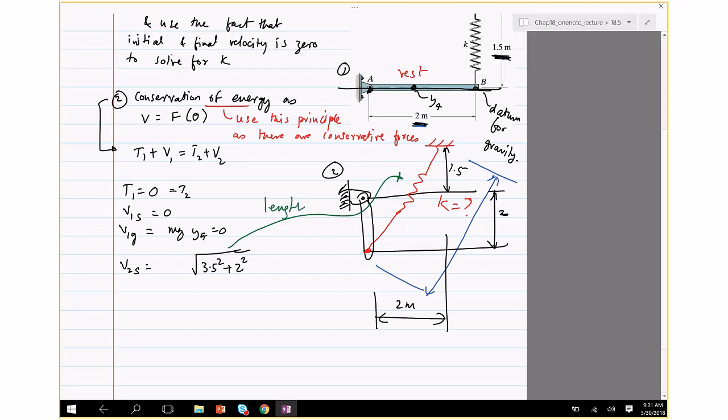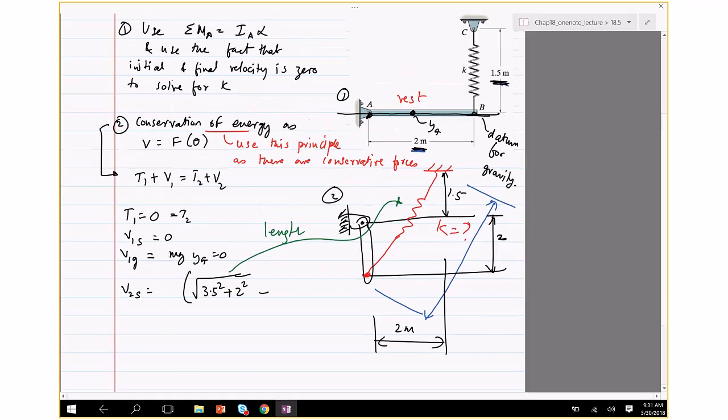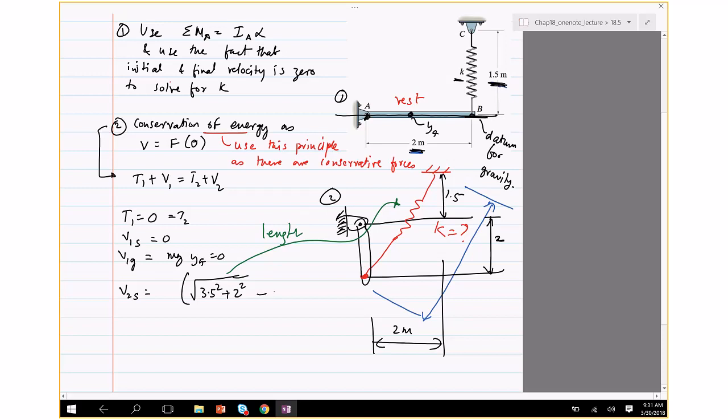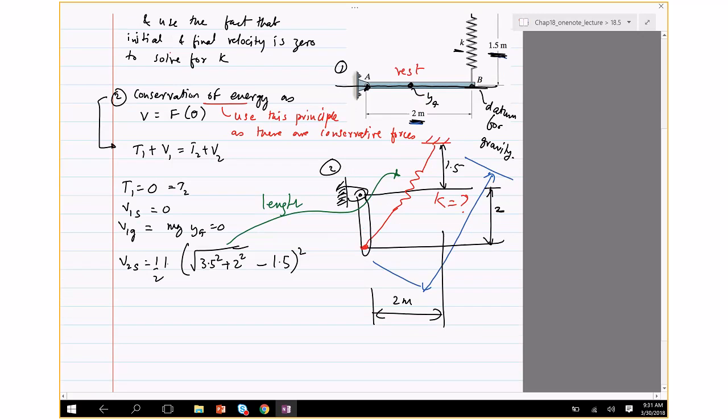I always have to take the length of the spring minus the unstretched length. We're told that the spring is unstretched in this configuration, so the unstretched length is 1.5. Half k of that. The final thing left is the potential due to gravity: mg times the displacement of the center of mass.